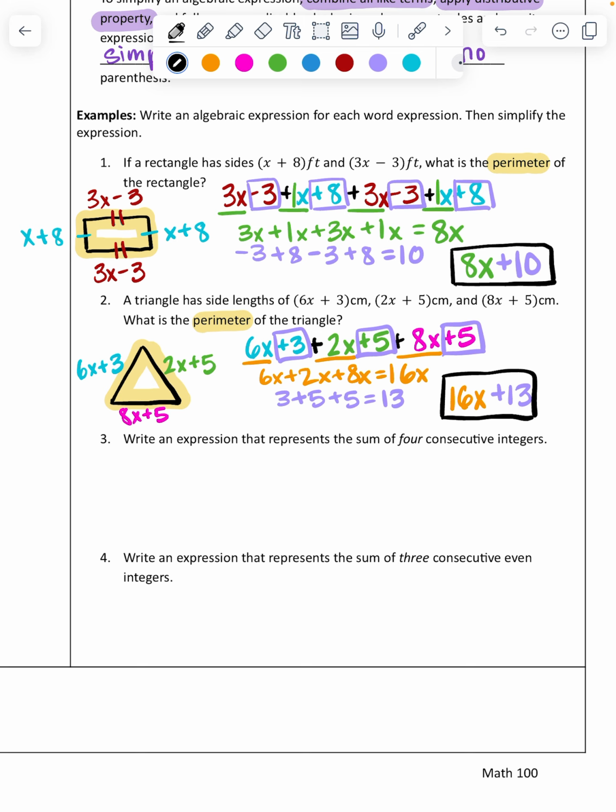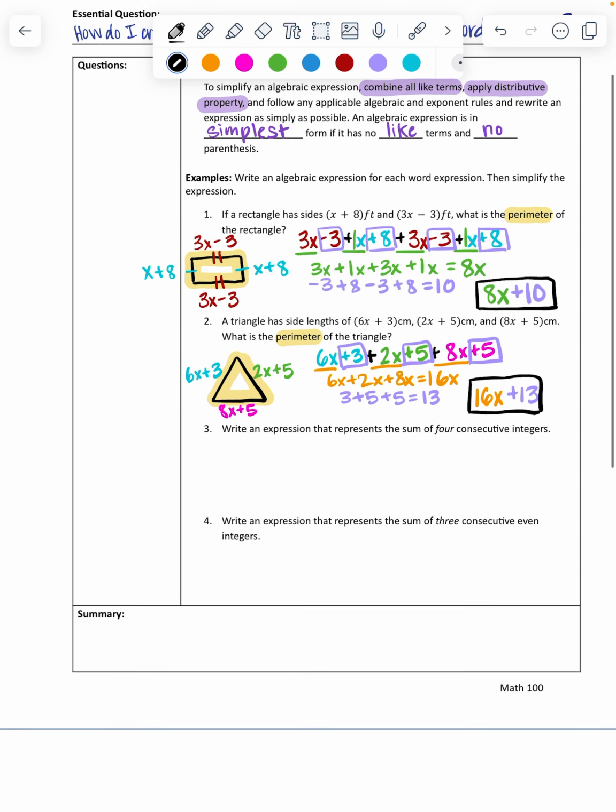So let's think of a number line. A number line has consecutive integers, right? You have 1, 2, 3, 4, 5, 6, and so on. If I don't know which integer I'm starting with, my starting integer will always be x.